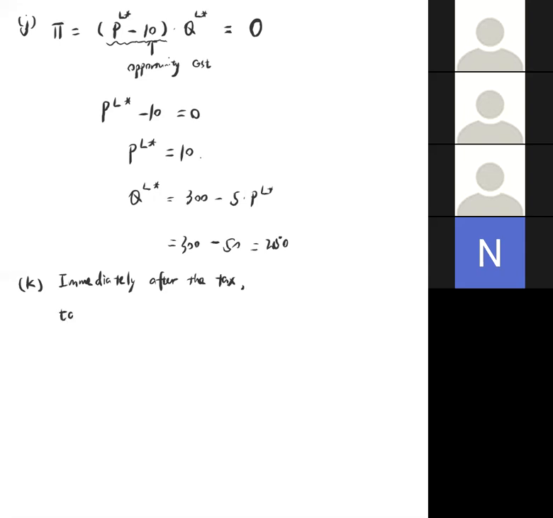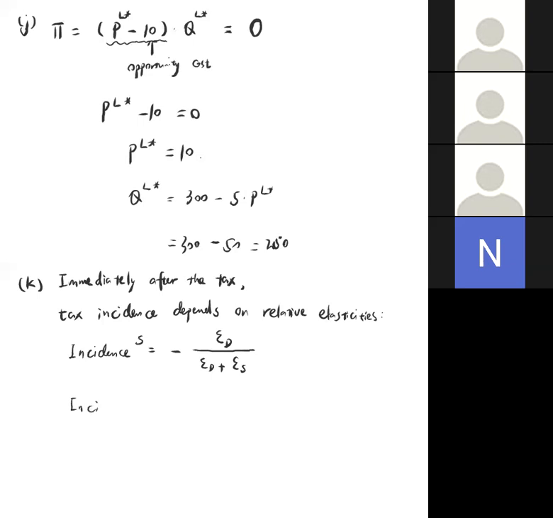So immediately after the tax, the tax incidence depends on the relative elasticities of both parties. So for the supplier, here I use S for supplier, the share of tax borne is the negative of demand elasticity divided by demand elasticity plus supply elasticity.